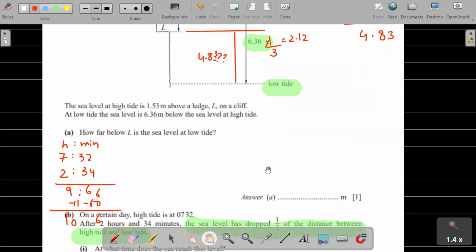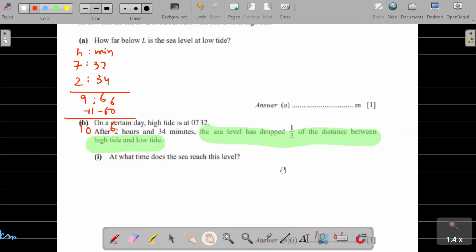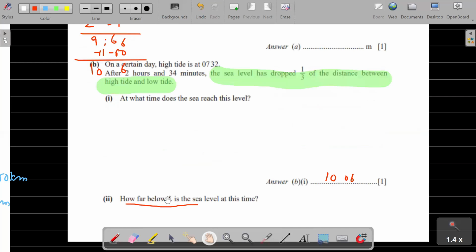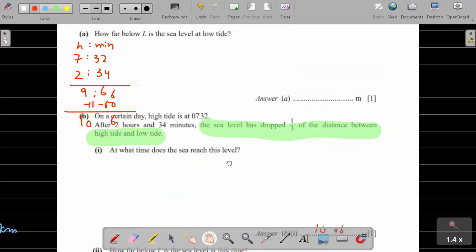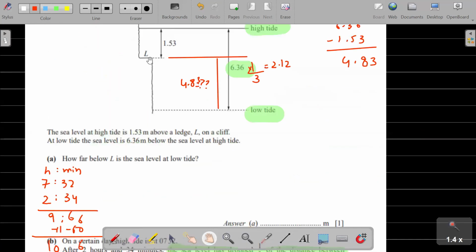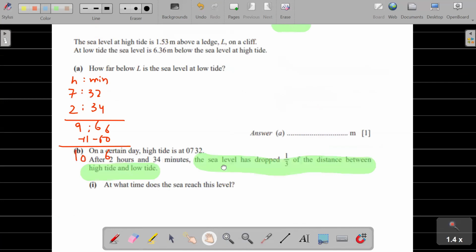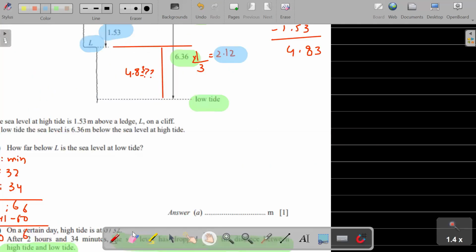And now it says how far below L the sea level is at this time. So we are going to subtract this quantity and this quantity. Below L, how far can it be?